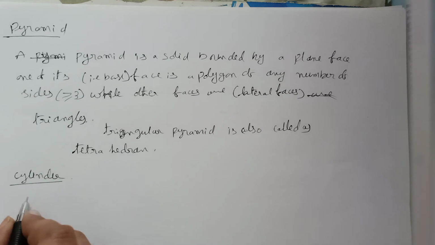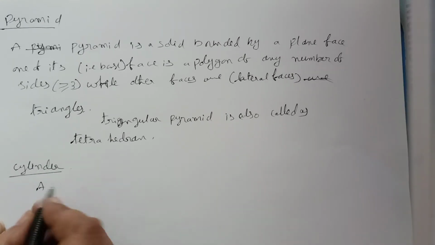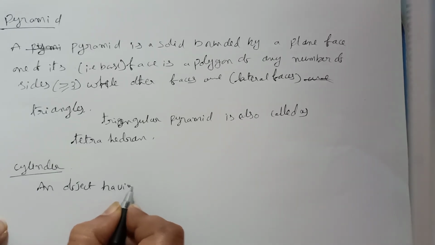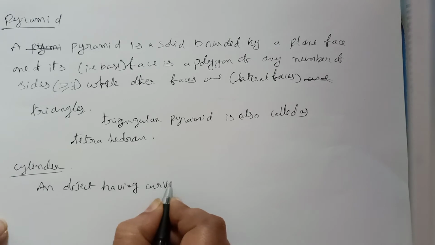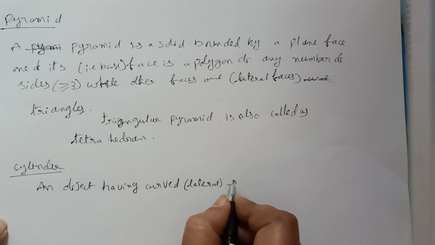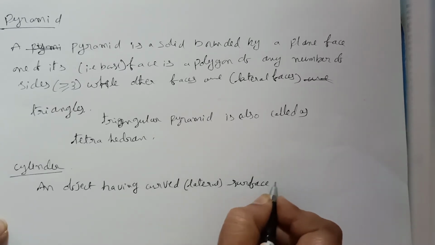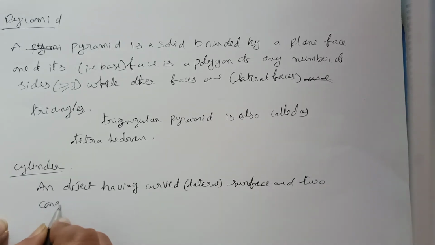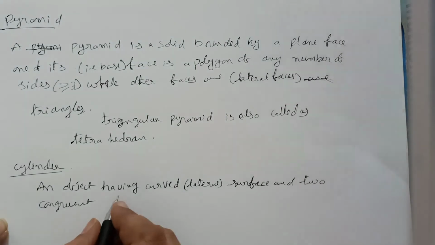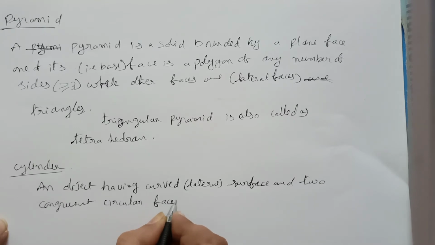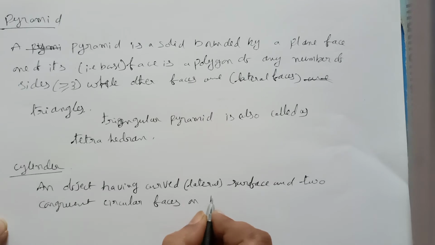And how to define a cylinder? An object having a curved, that is a lateral, surface, and two congruent circular faces on both ends.